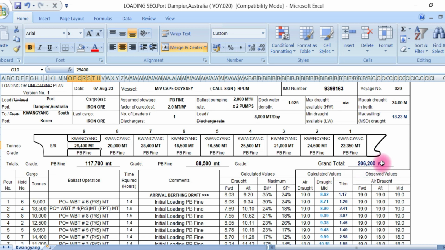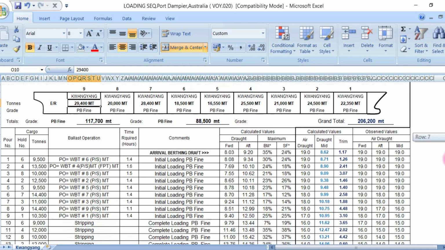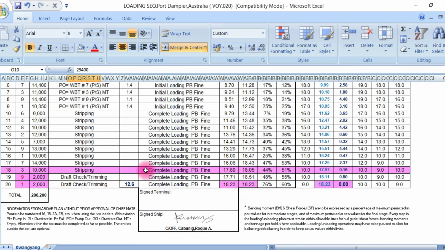This figure is a little bit higher of 200 metric tons, but we will use this as an example. Okay. So after pour 18, the shipmate and the draft surveyor take soundings around the vessel. This is what they have agreed.